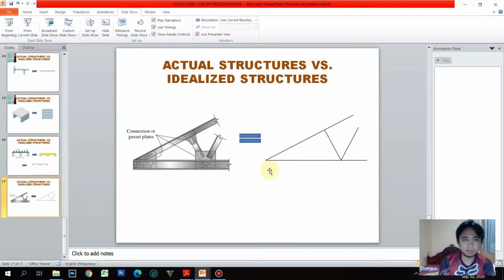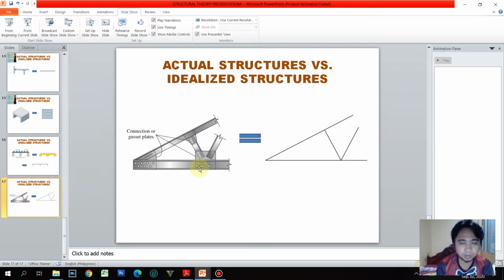Okay. Finally, we have here a comparison, an actual truss. It is connected by gusset plate, and it is fully welded. It has fully welded connections connected to a certain gusset plate.